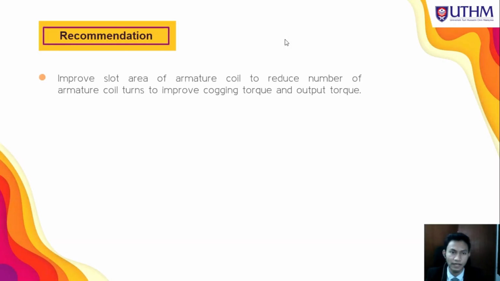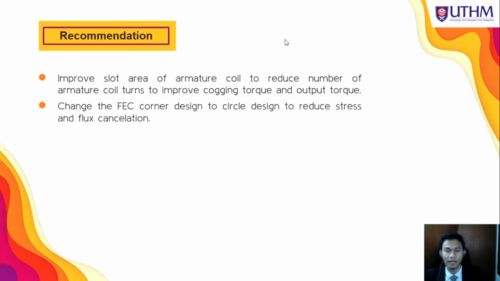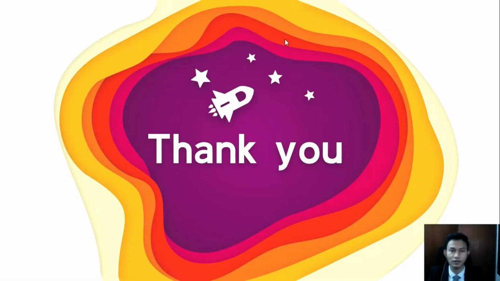For the recommendation, first, improve the slot area of the armature to reduce the number of armature coil turns, to improve the cogging torque and also the output torque. Second, change the FEC corner design to a circle design to reduce the stress and reduce the flux cancellation of the HFSM motor. That's all from me.